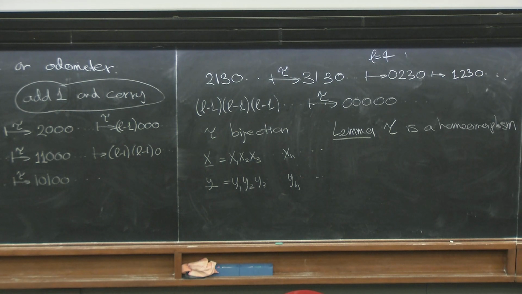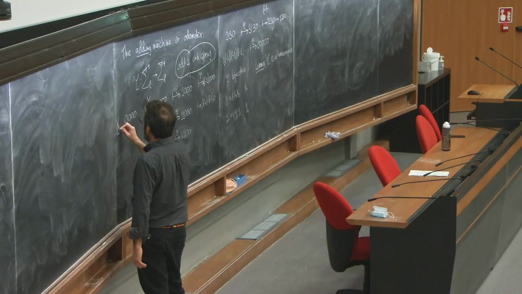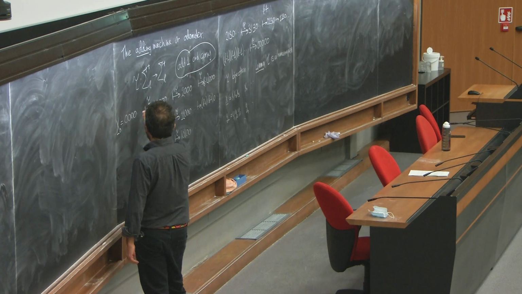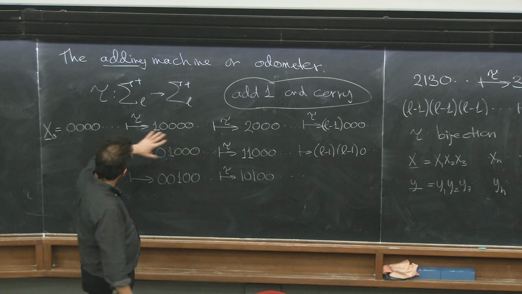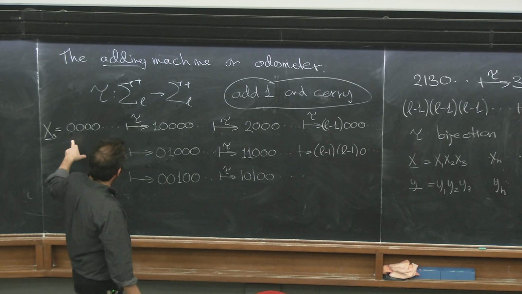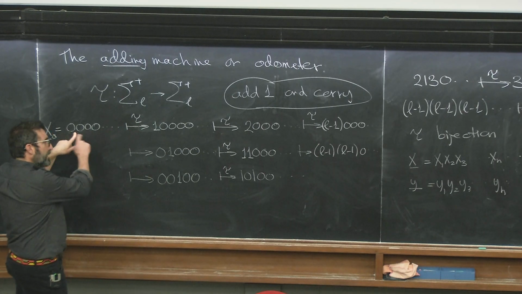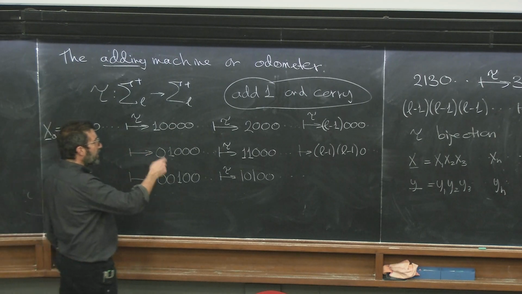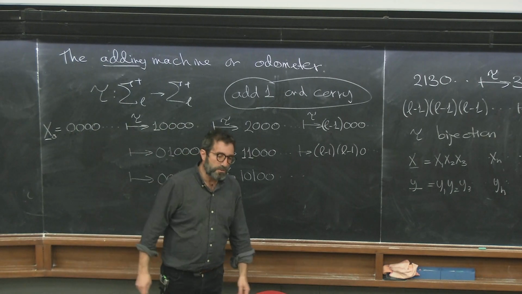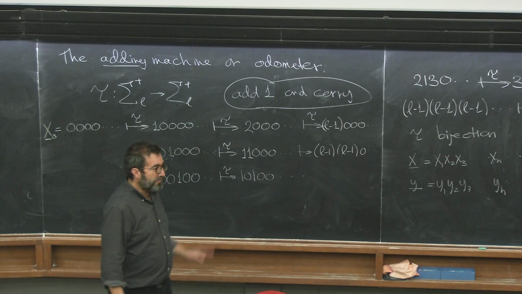So let's look, for example, at this particular initial condition here. Suppose this is our initial condition, x0, 0, and this is the orbit under tau of this particular point, 0. So what are going to be the accumulation points of this orbit?